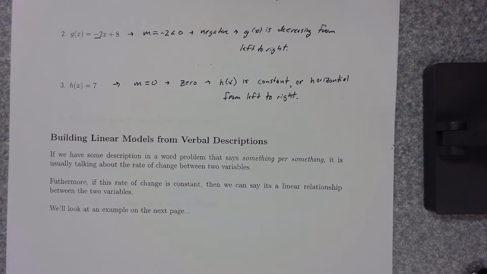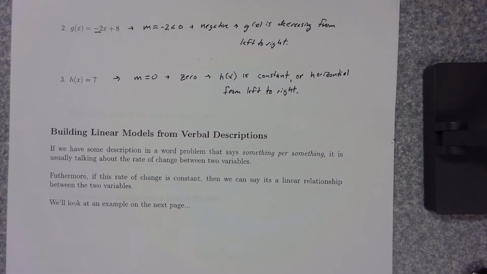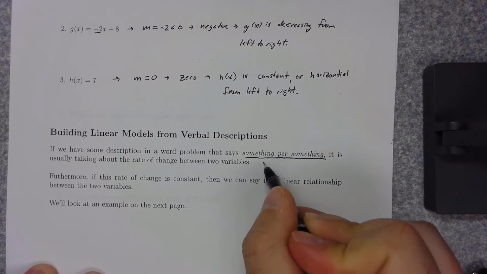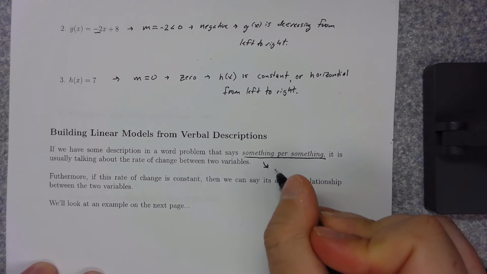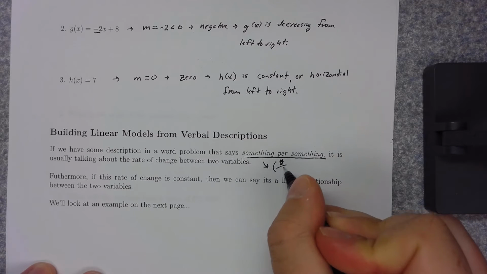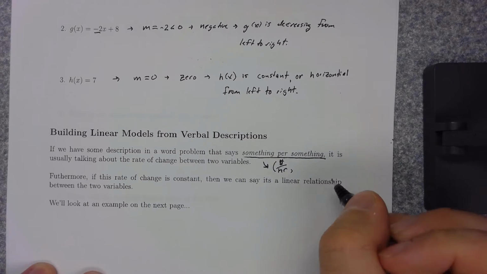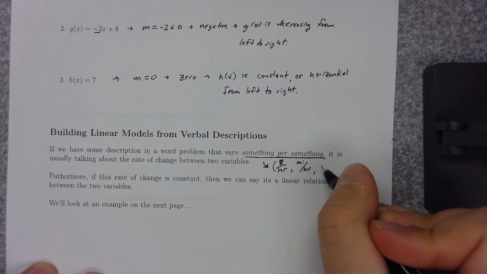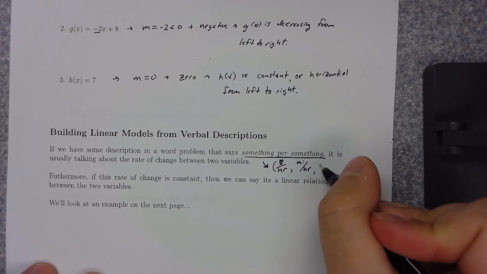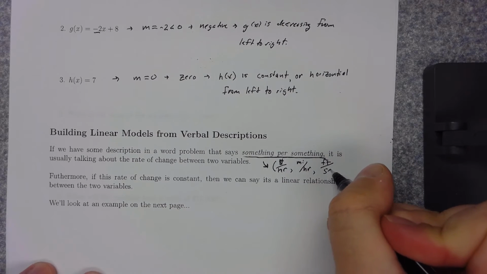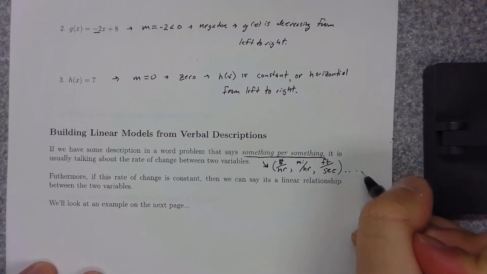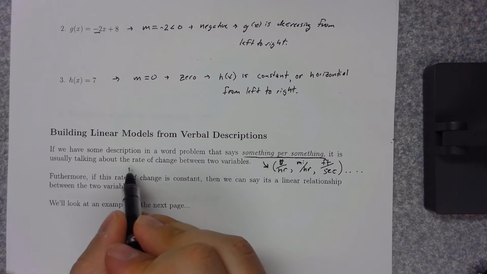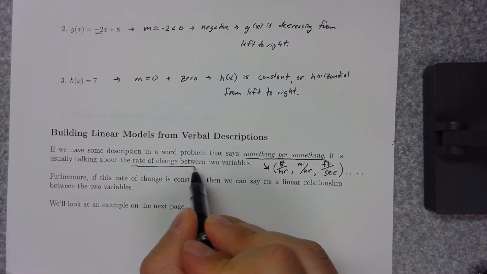So, in a word problem, if you see a description that says something per something, like, for example, dollars per hour, or miles per hour, or feet per second, anything like that. If you see anything being described with these kinds of units, that means it's usually talking about the rate of change between two variables.